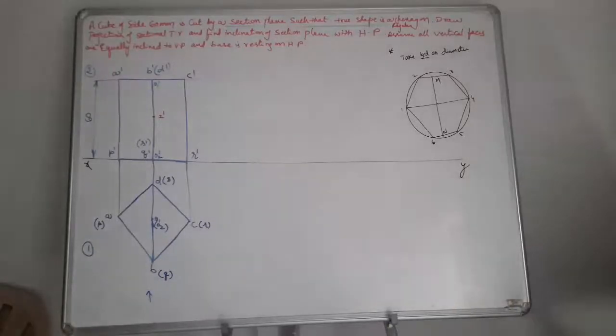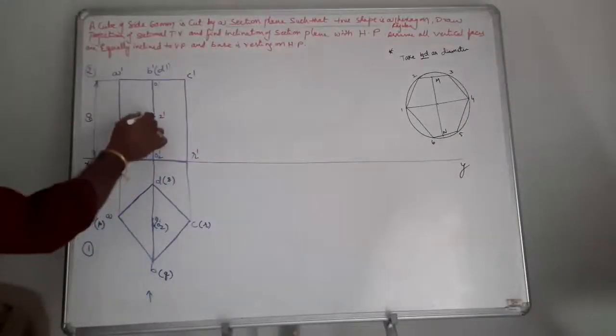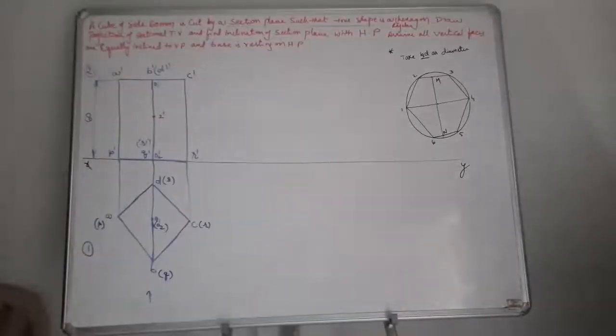Now 2 dash as center. So put your 2 dash point, which is at the midpoint of Q dash B dash. Q dash B dash is going to be considered, and let us take your midpoint as 2 dash.